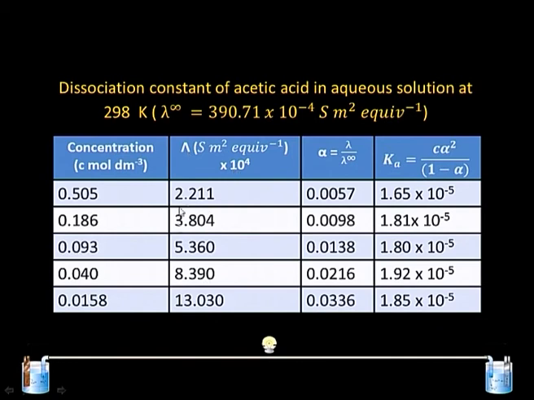The equivalent conductance is 1000 into kappa by C, where kappa is specific conductance and C is the concentration, which I already have here. These values can be used to find the degree of dissociation, alpha.